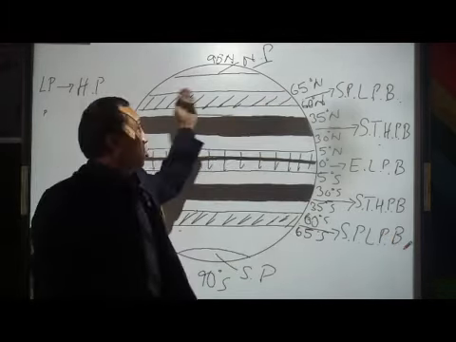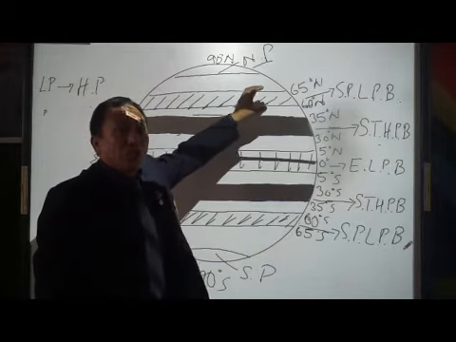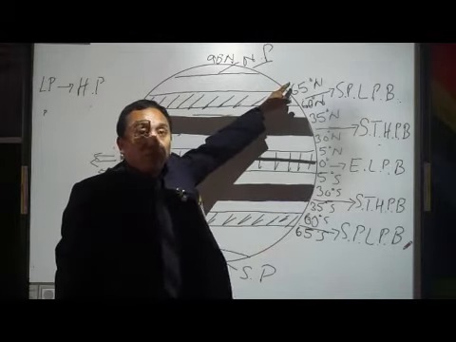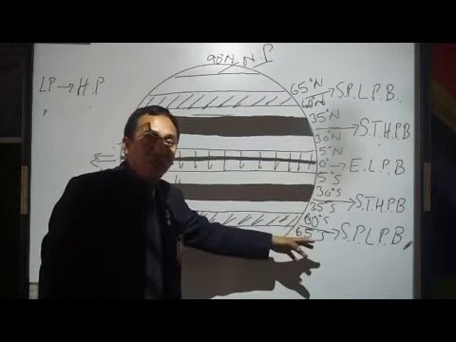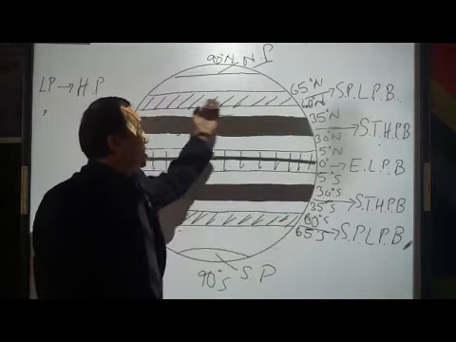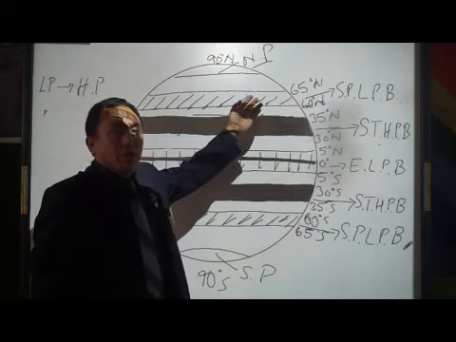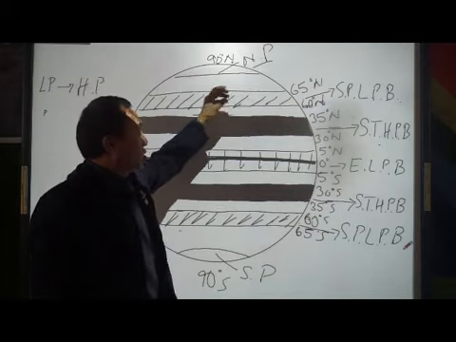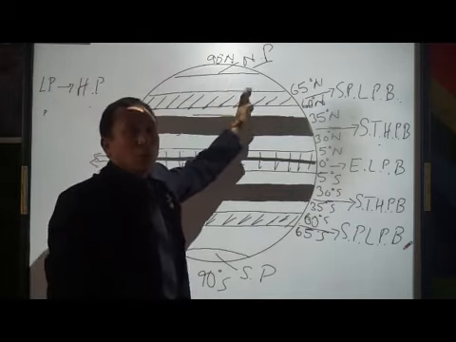Here they experience a low pressure. It's in the subpolar region, 60 to 65 degrees north and 60 to 65 degrees south. So therefore, this region has low pressure.